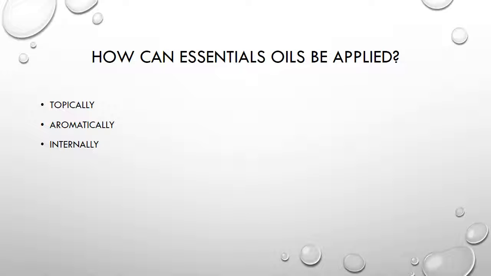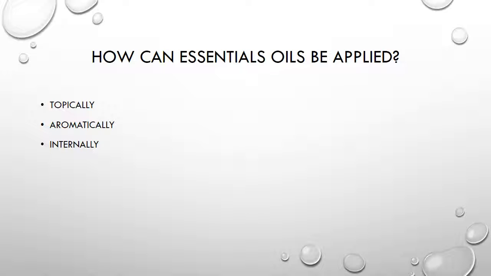And the third way is internally. Only therapeutic grade essential oils should be taken internally, and not all essential oils can be taken internally, even if they are therapeutic grade.